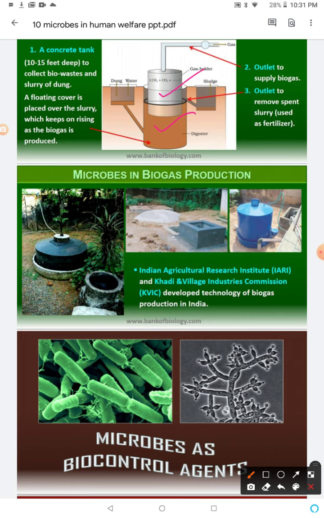The outlet is given over here to supply the biogas, and here is an outlet to remove the slurry, used as fertilizer. The Indian Agricultural Research Institute and the Khadi and Village Industries Commission developed the technology of biogas production in India.